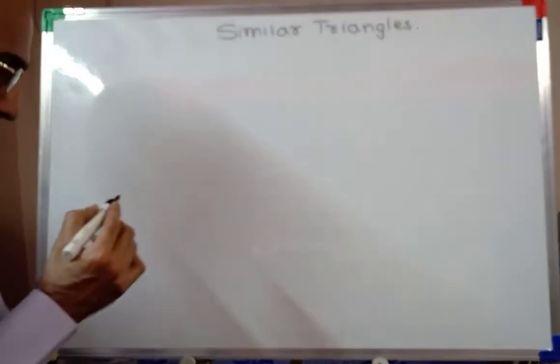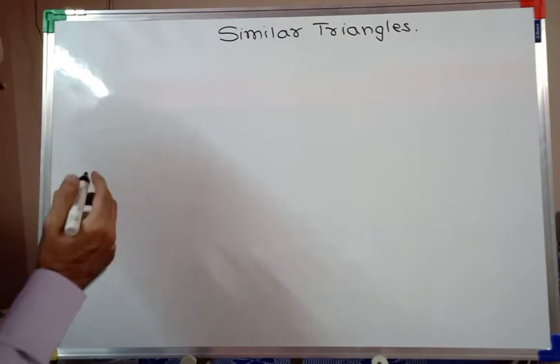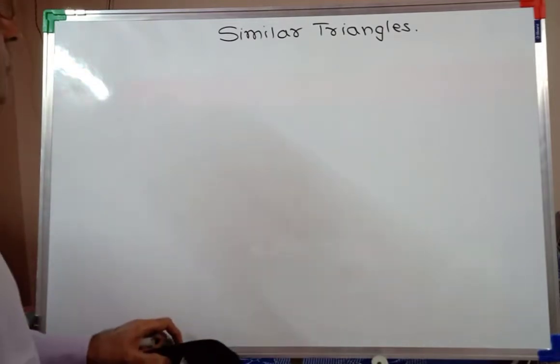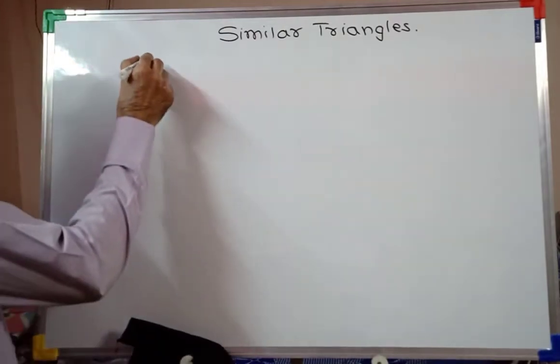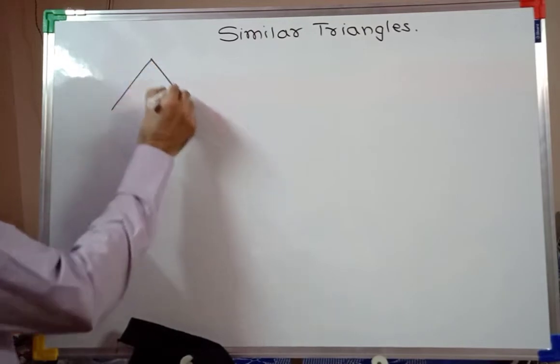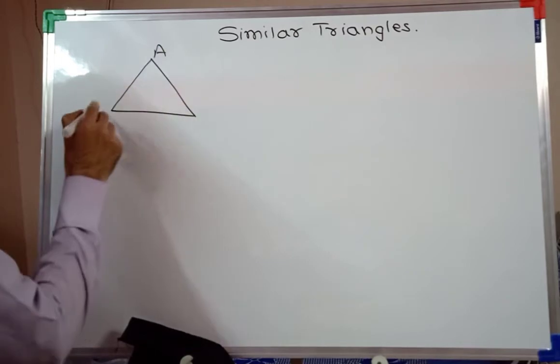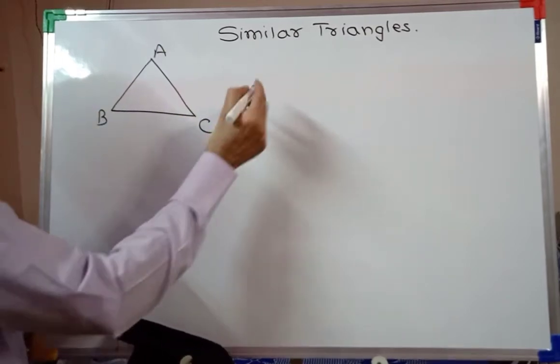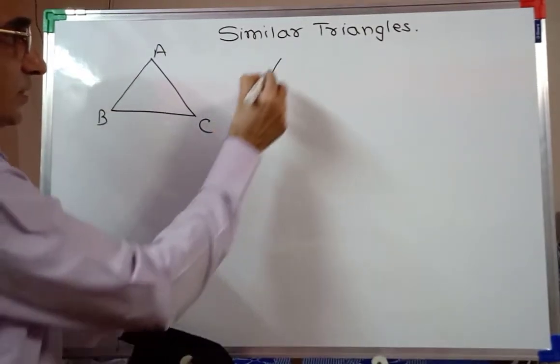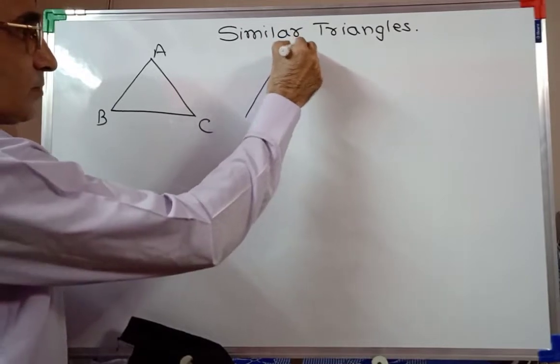Now we see what are similar triangles. Suppose we have two triangles, triangle ABC and triangle PQR.